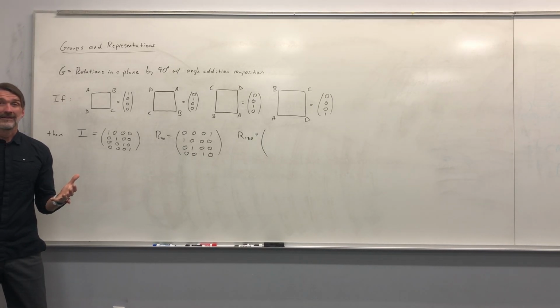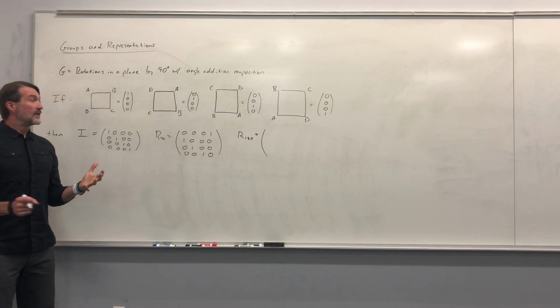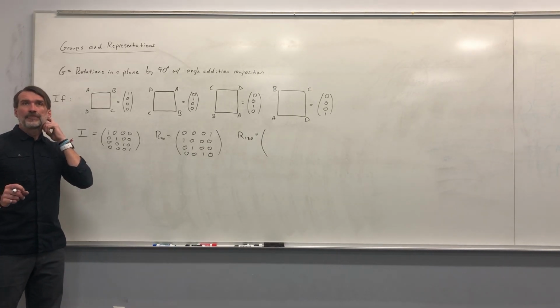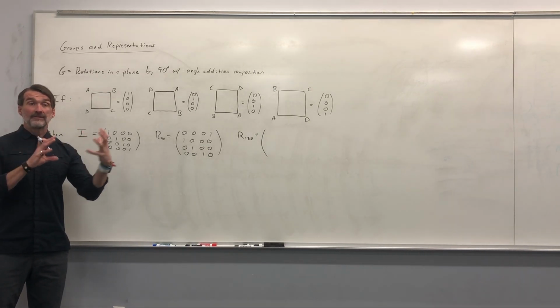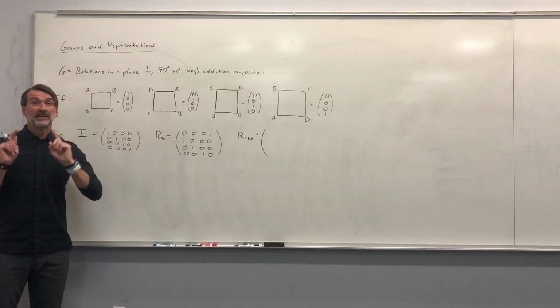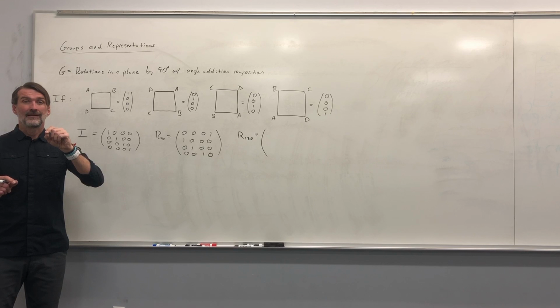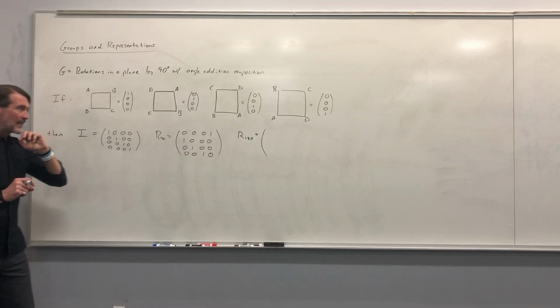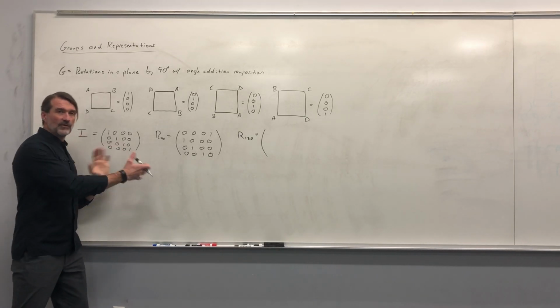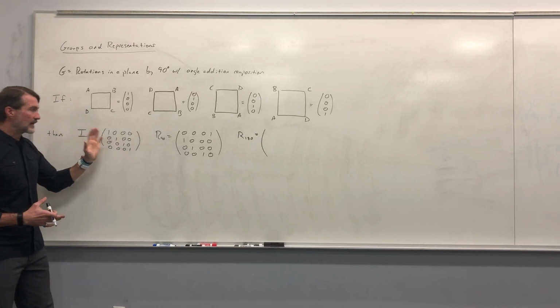Put the bottom row of the R90 on top. Well, that's using your inspection of how this is acting on these, but there's actually a cheat to figuring out what R180 is. The matrix is defined by what it sends the basis vectors to. So each column is just the basis vector it sends. Okay, so you guys are using the intuitive way to do it. You're kind of using your intuition.